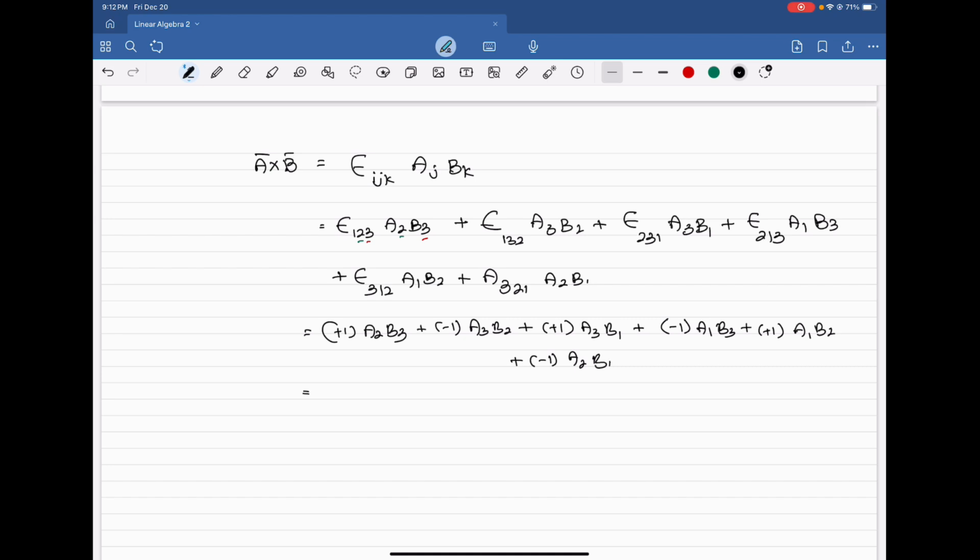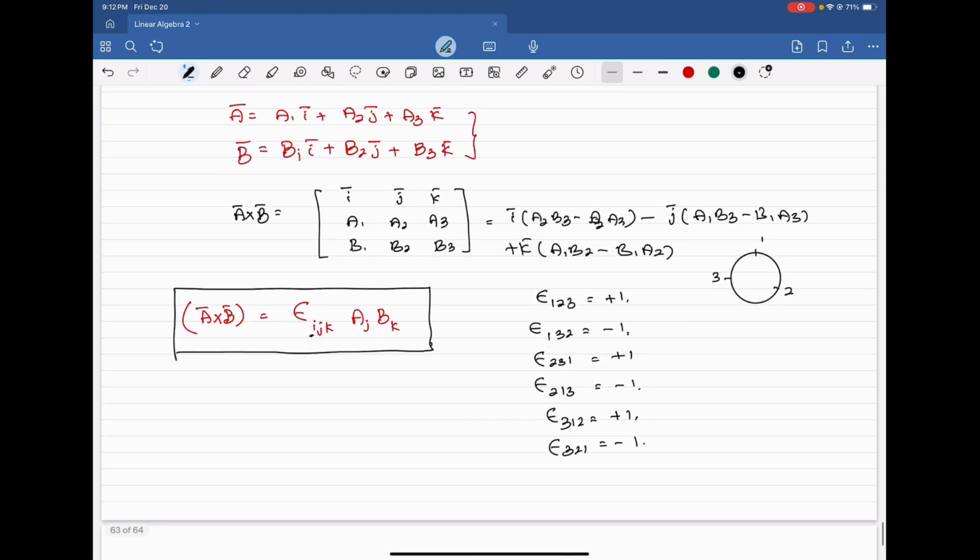This is nothing but A2, B3 minus A3, B2, minus A1 B3 minus A3 B1, plus A1 B2 minus A2 B1. You just see from the matrix also what is the value we have got?